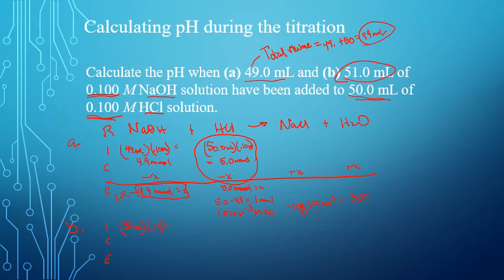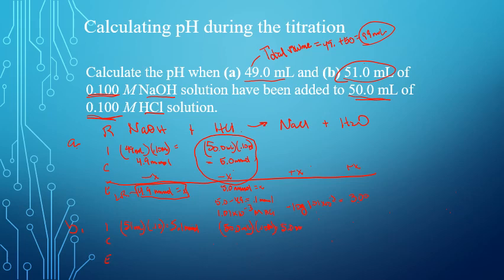So I have, in this case, 5.1 for my millimoles of OH minus. I still have the 50.0 milliliters times the 0.10 molar, and so that is going to give me 5.0. Rewrite that a little better.